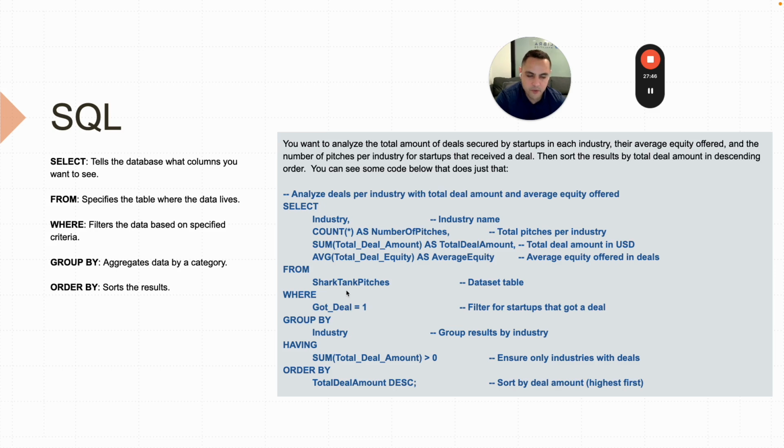So this is if we wanted to analyze the total amount of deals secured by startups in each industry, their average equity offered, and the number of pitches per industry for startups that received a deal, and then sort the results by the total deal amount in descending order.